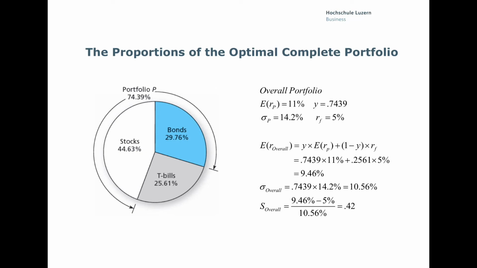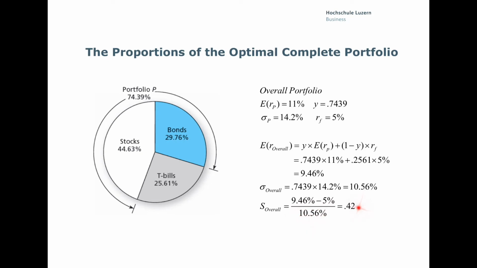To compute the standard deviation of the overall portfolio, we actually multiply the weight of the risky portfolio times its standard deviation equal to 10.56%. The Sharpe ratio is calculated by using the risk premium of 4.46% divided by its standard deviation equal to 0.42.